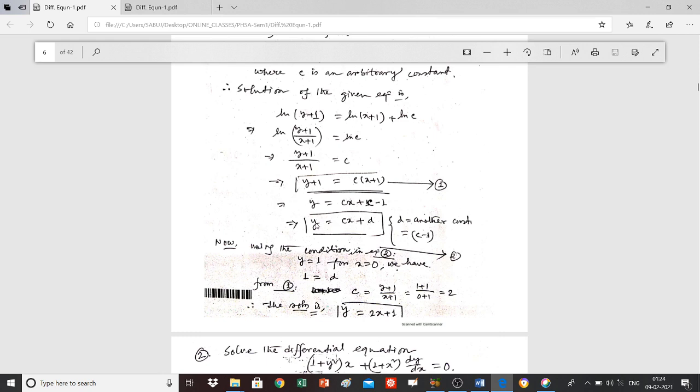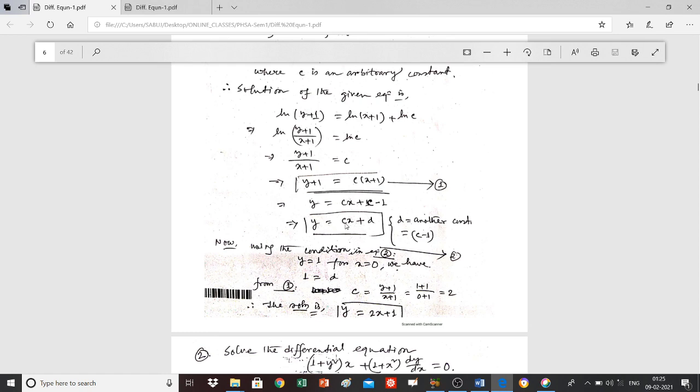So using the value of y is equal to 1 and x is equal to 0, you can easily understand that d should be 1. So d is equal to 1, and using the value of d, you can write this equation as y is equal to cx plus 1.